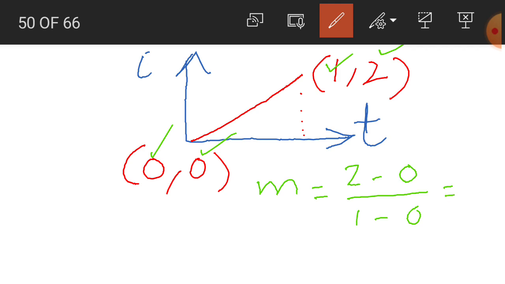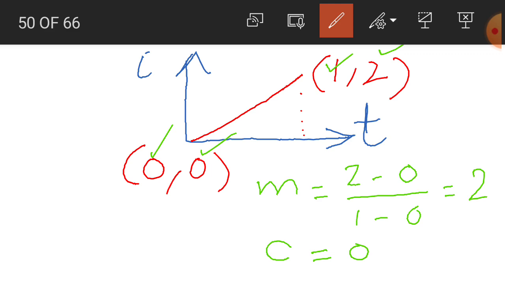The slope of this line is not 0, it is 2. This is just a slip of the tongue. So the slope of this line is 2. Now as the line is passing through the origin, the y-intercept will be equal to 0.